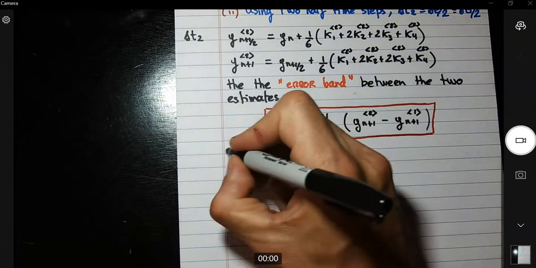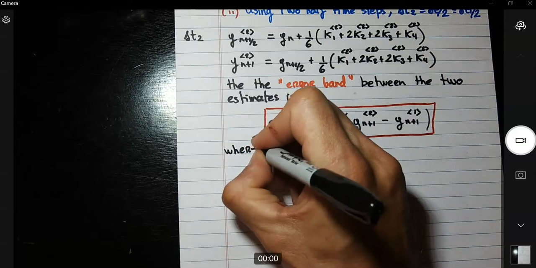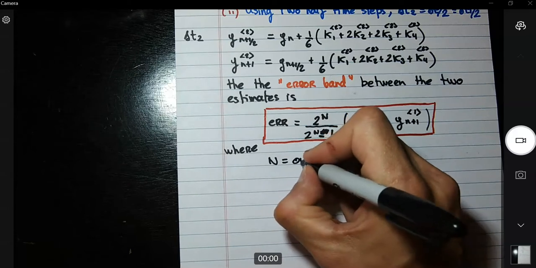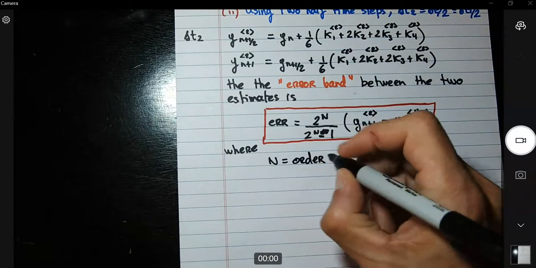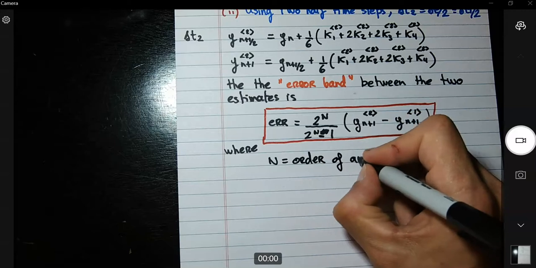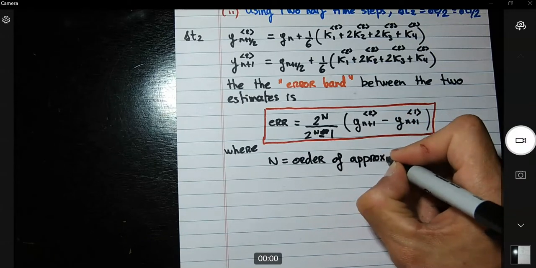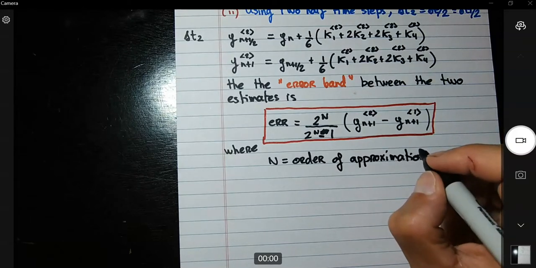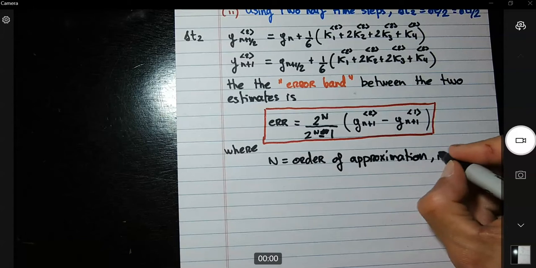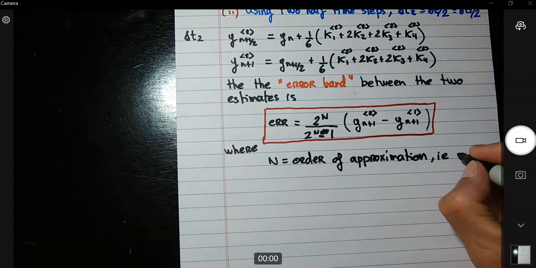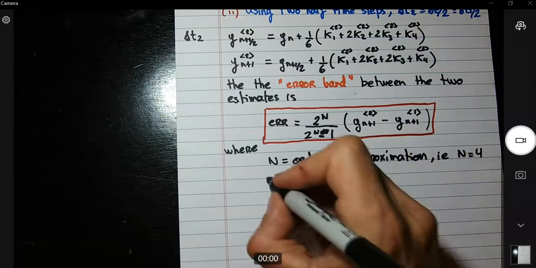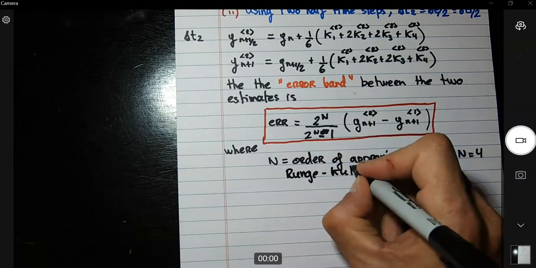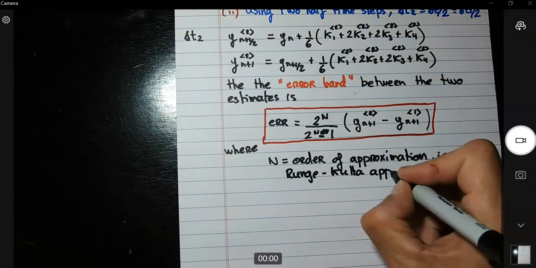So in that equation, n over here is the order of approximation. So in other words, in this case, n equals 4 if we use the Runge-Kutta approximation.